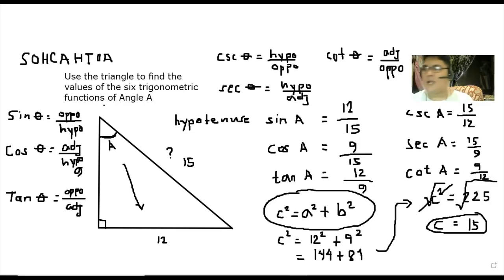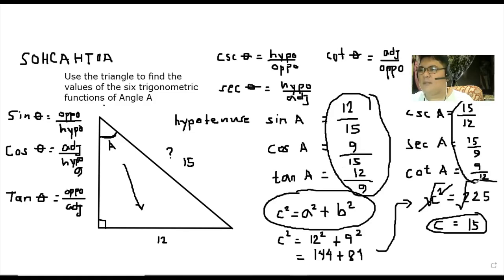So yan na po ang ating sagot. Hindi naman siya ganun ka-complicated. Madali lang po siya. So you were able to get your six trigonometric functions, the values of your 6 trigonometric functions of angle A.